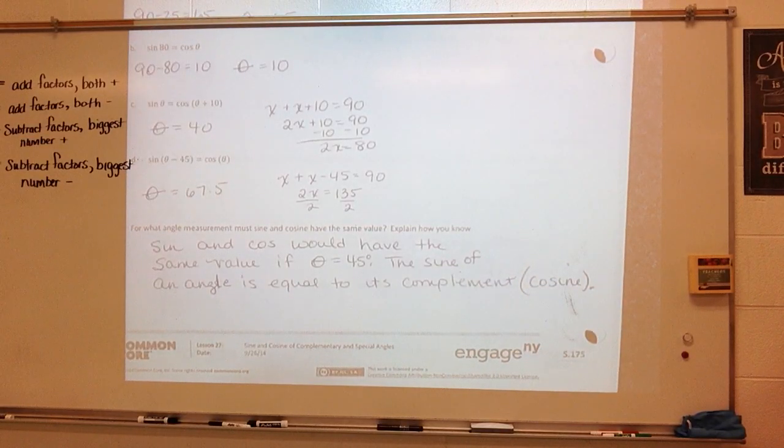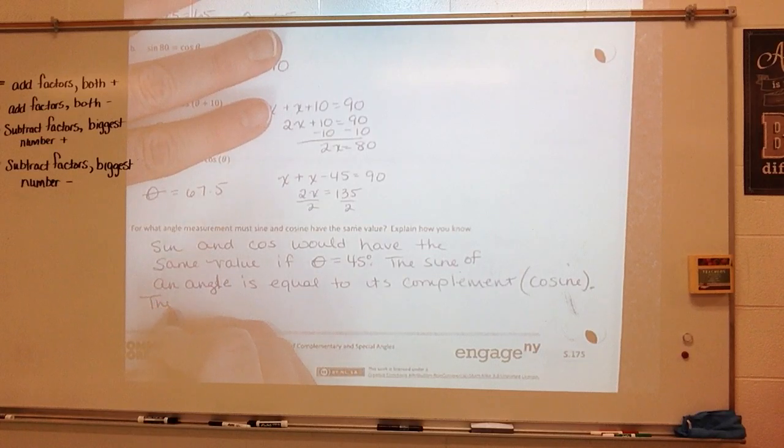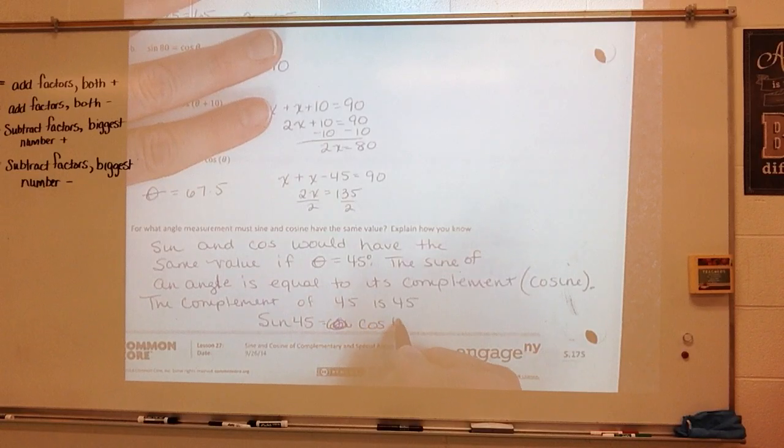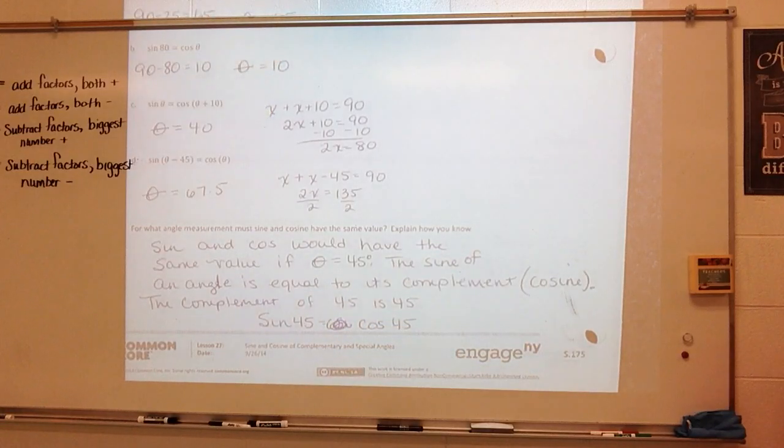So the complement of 45 is 45. So I know the sine of a 45 degree angle would be equal to the cosine of a 45 degree angle.